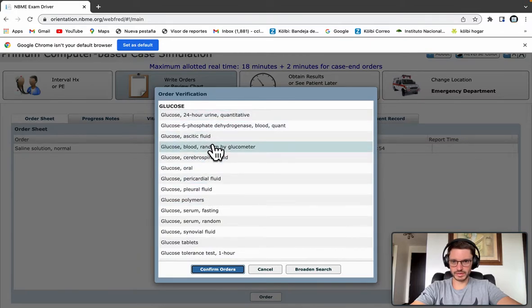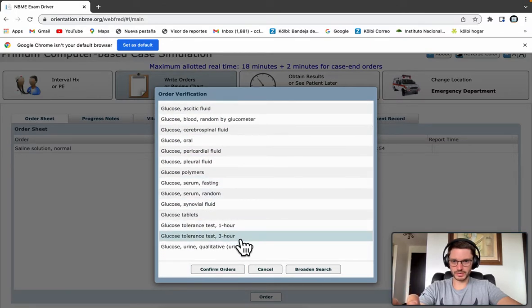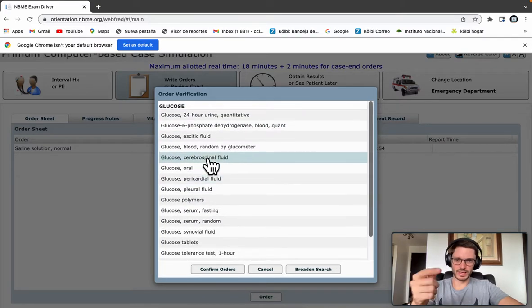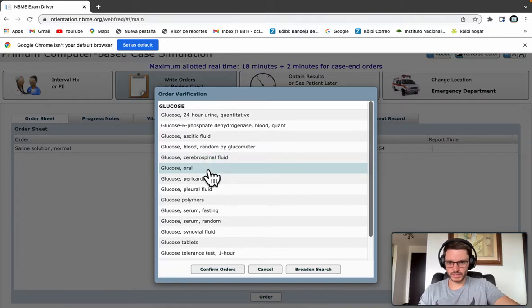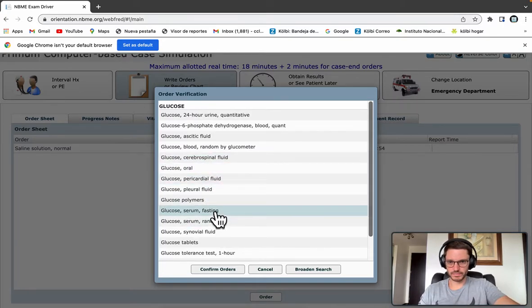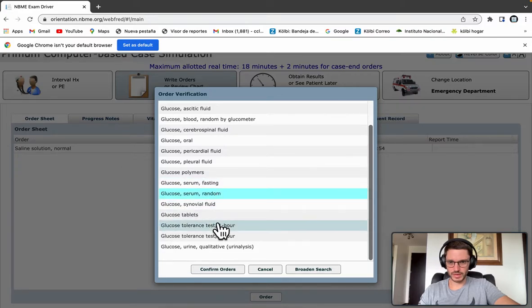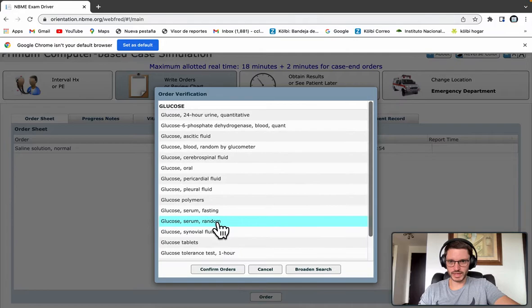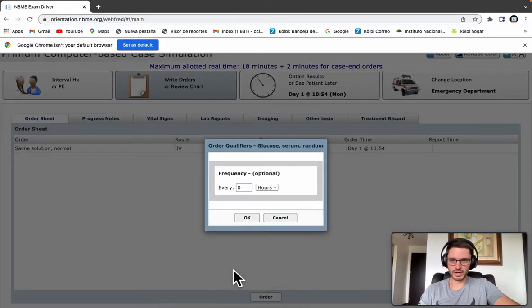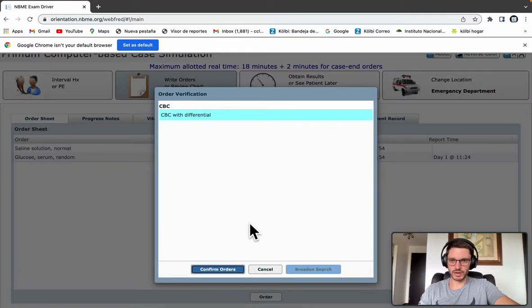Let's go with that. IV normal saline, yeah, we want it intravenous, we want it continuous. Glucose, so this is where it's important to know how to play this game. So as you can see, random, so glucose serum random, yeah, but I want to see a micro method, the one that is immediate. So fast and random, that I believe that's not the best test for it, but we'll choose that one, and we'll also choose the one I'm looking for.